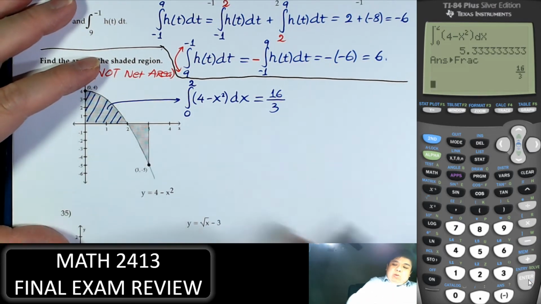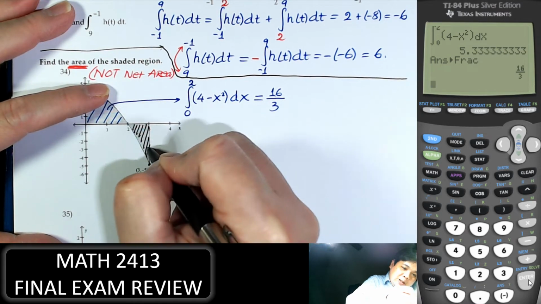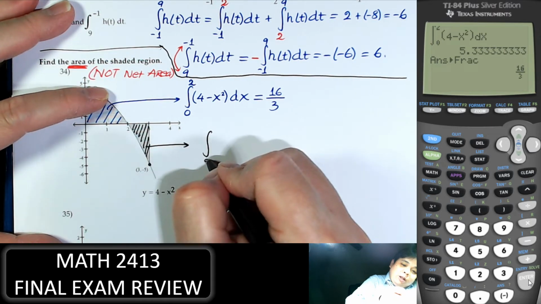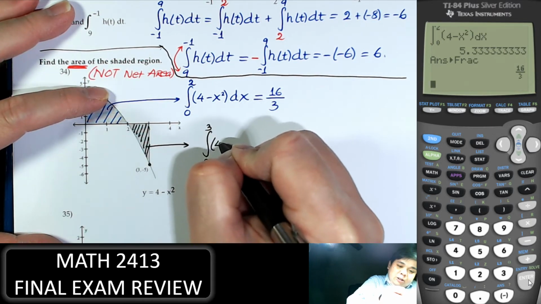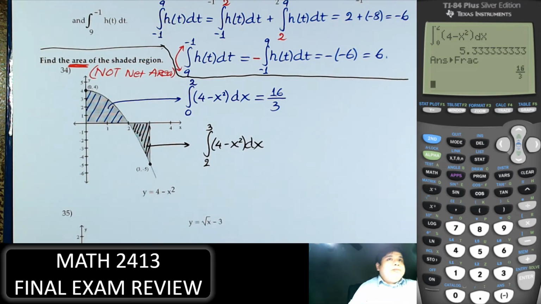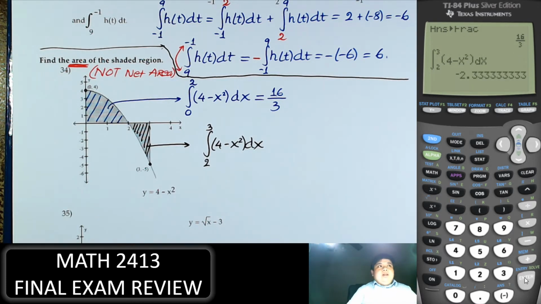Now if we do this one, integral from 2 to 3 of 4 minus x squared, right, convert to fraction.